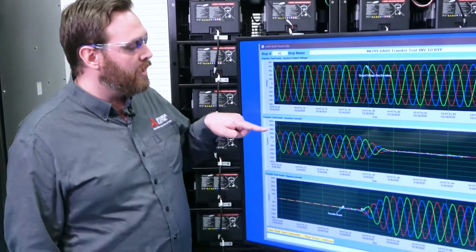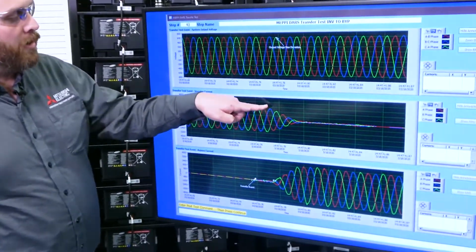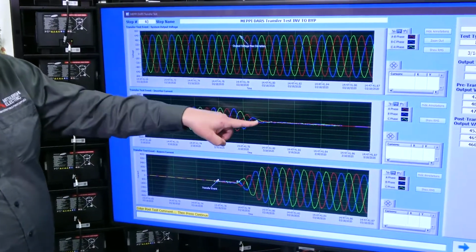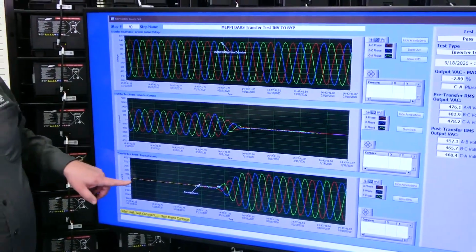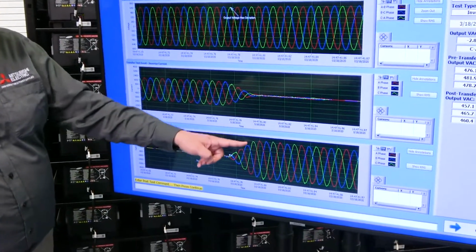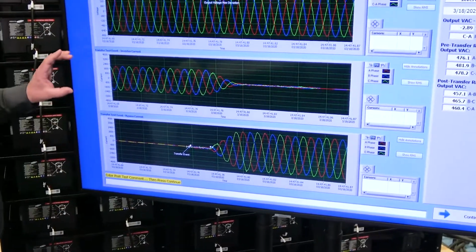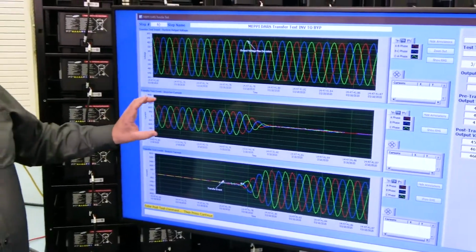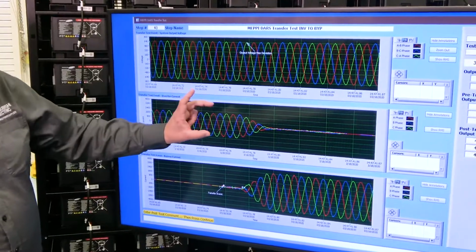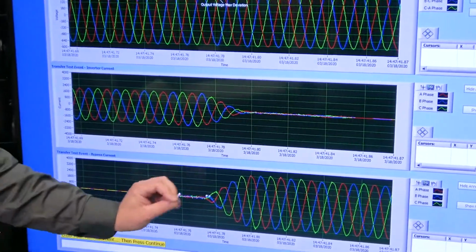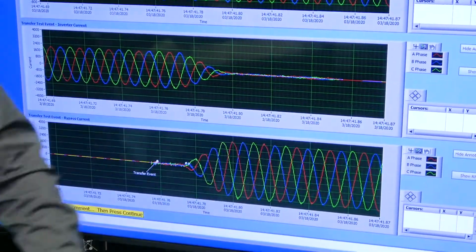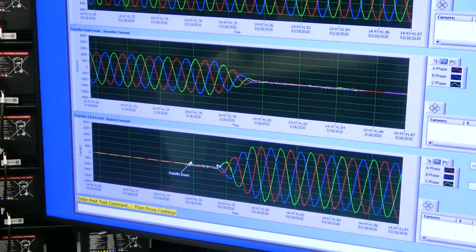We can demonstrate the output current as it walks off the inverter and the output current as it walks on to the bypass. So in this event, the inverter is actually controlling the transfer, so it unloads the inverter and loads in the output bypass current source.